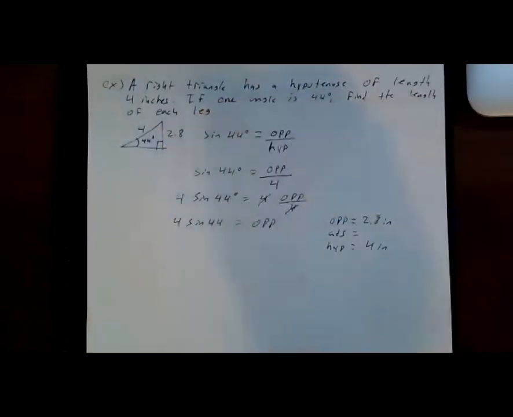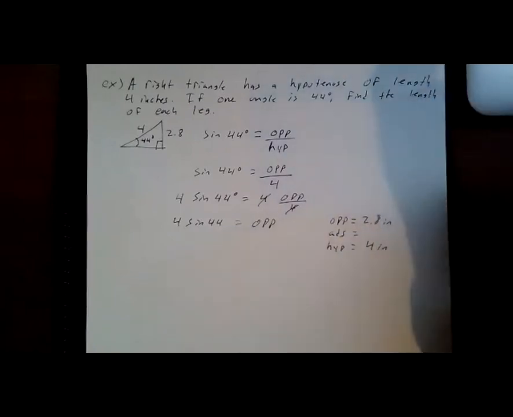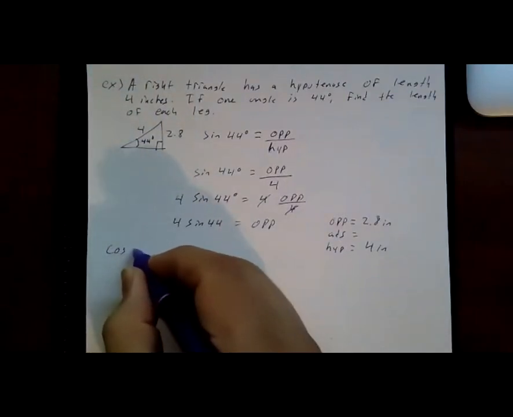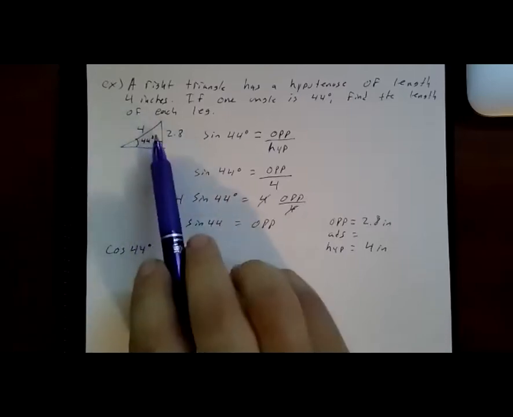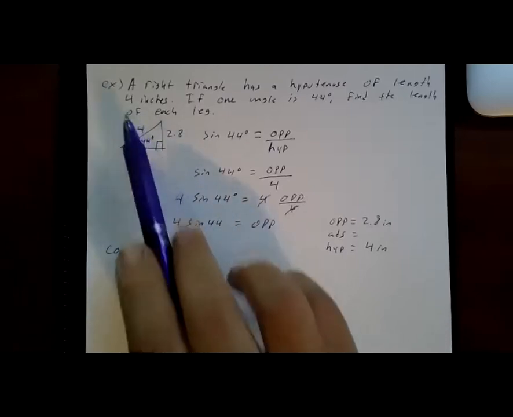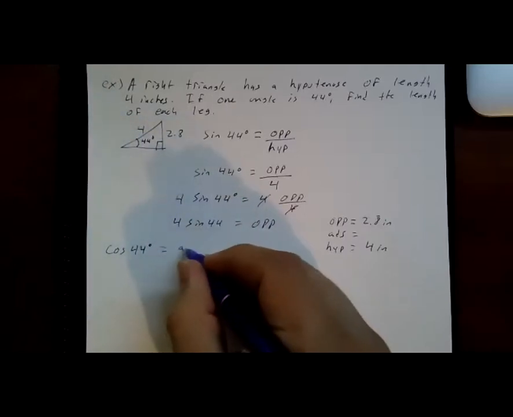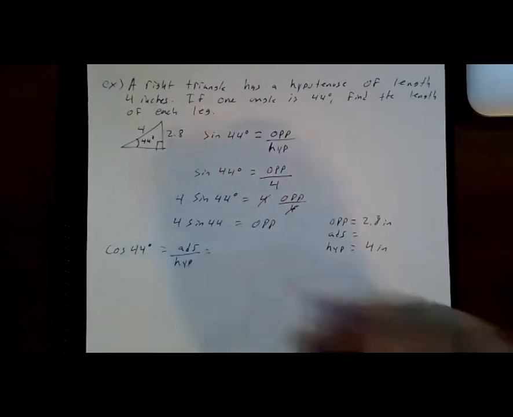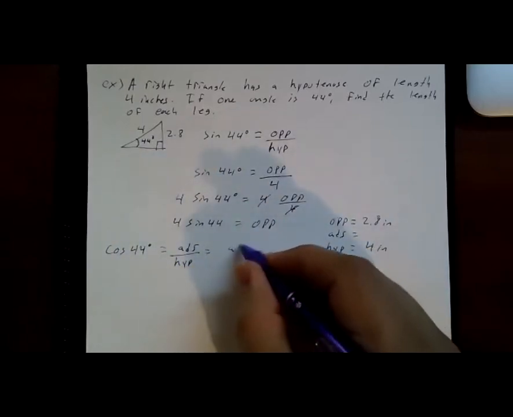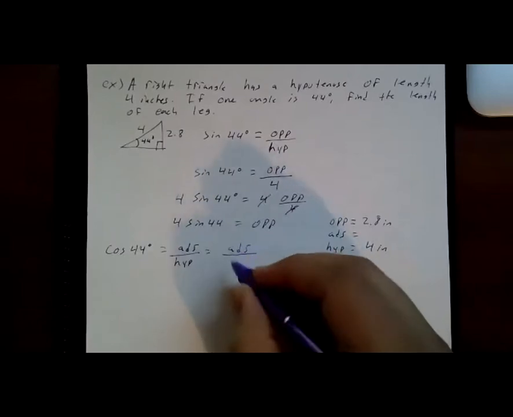All right, so opposite side, I'm just going to go ahead and write it right there. So let's use cosine to find the other piece. So we know that cosine of some angle that we choose, so if I choose 44, then that means adjacent over hypotenuse would be equal to it. Right, which would be adjacent, which is unknown, over 4.